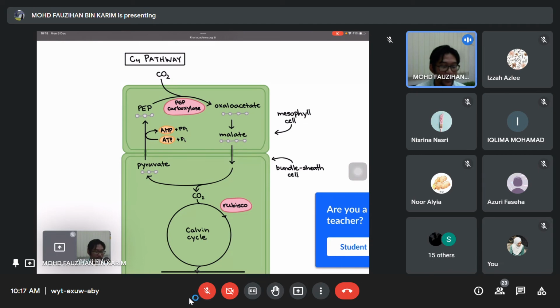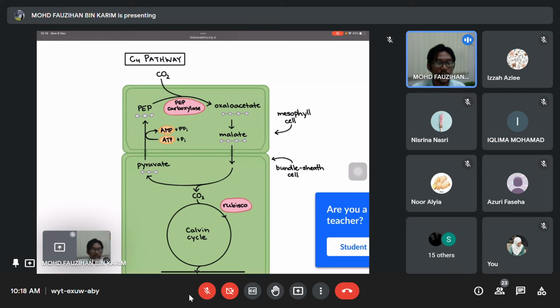In this case, PEP carboxylase needs more than, I think, 30 degrees something to activate optimally. If not, the carboxylase will be less efficient, or the carbon dioxide cannot even come in, because the temperature is not very kind to the enzyme, so it cannot work efficiently to fix the carbon dioxide.